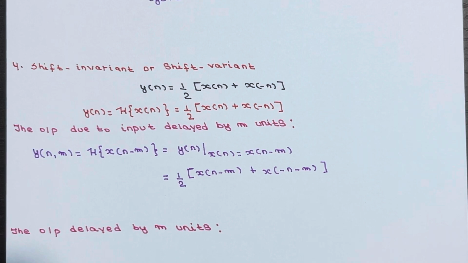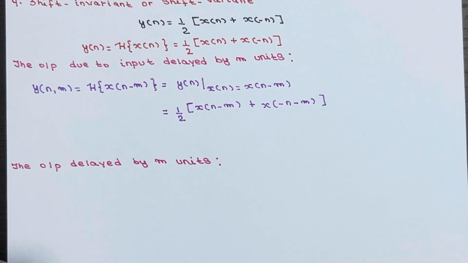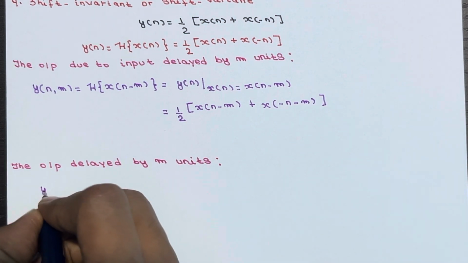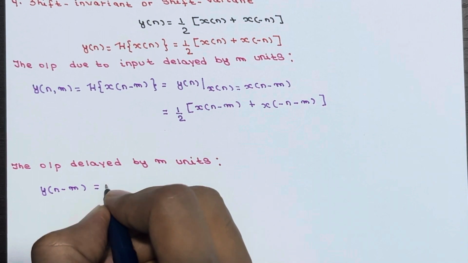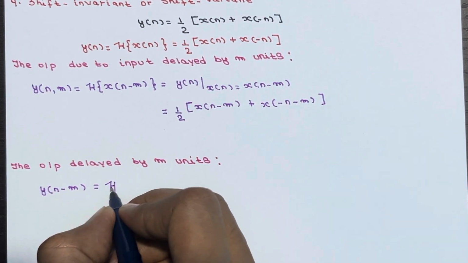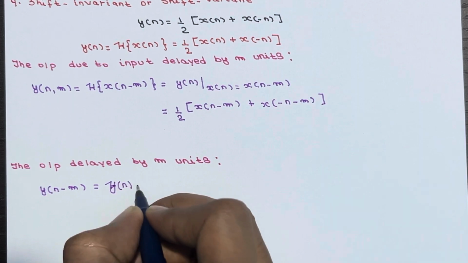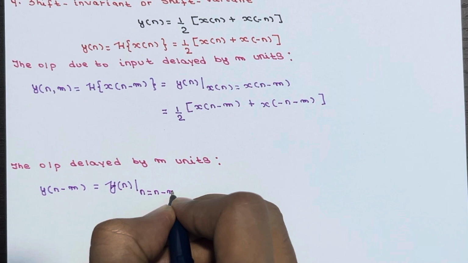Fine. Now let's move further and check the output delayed by m units. It means you have to calculate y of n minus m, which is y of n when n is equal to n minus m.